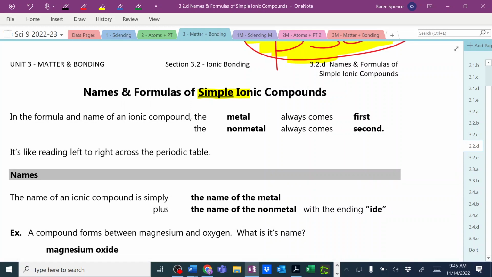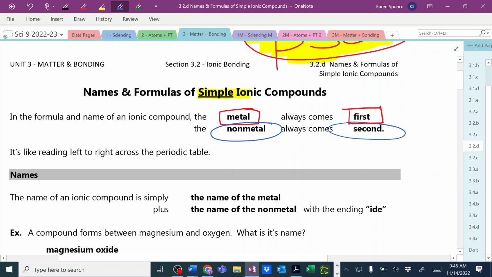Who comes first? The metal always comes first. Who always goes second? The nonmetal. So it doesn't matter if it's the name or the formula, it's always the metal first and the nonmetal second. It's the same as the order in the periodic table. The metals are on the left and the nonmetals are on the right.